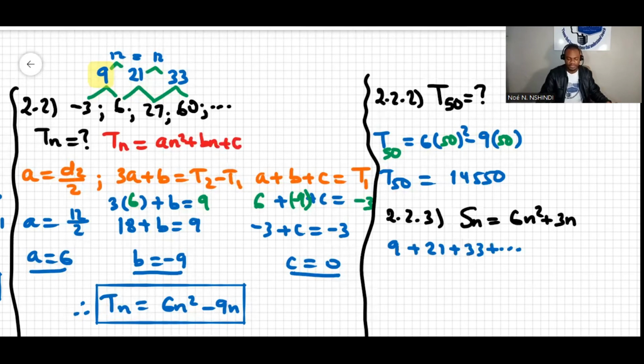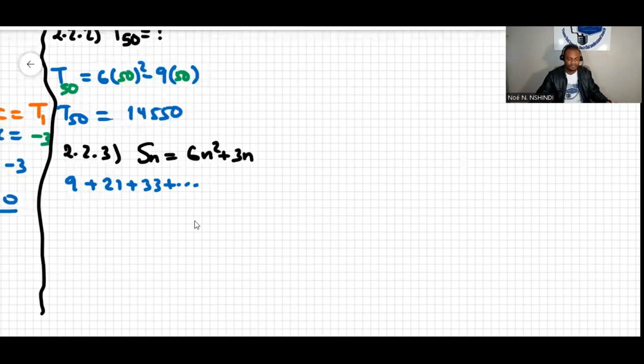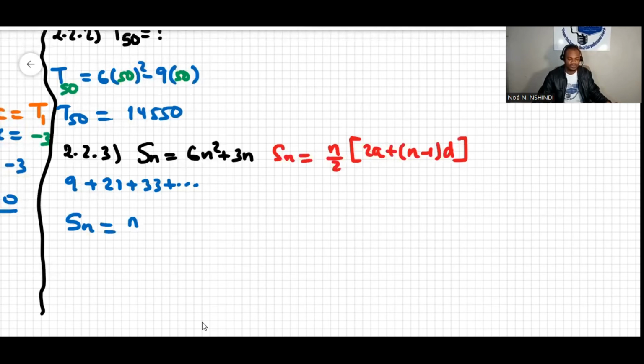And then the formula for this is given by Sn equal to n over 2 open square bracket 2a plus n minus 1 times d close bracket. Now Sn will be equal to n over 2 open square brackets 2a, the first term is 9, plus n minus 1 times the difference.